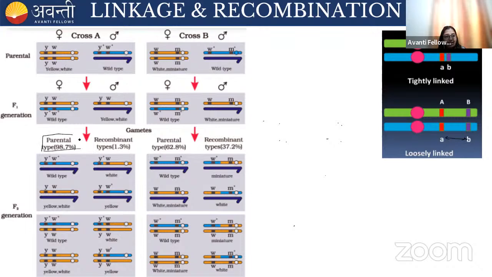And he obtained parental 98.7% and recombinant 1.3%. That means we are obtaining recombinants in this case, so this is an example of incomplete linkage.